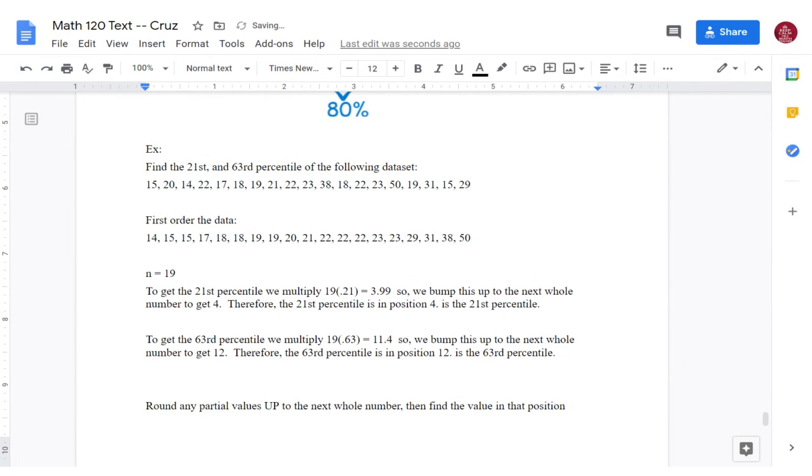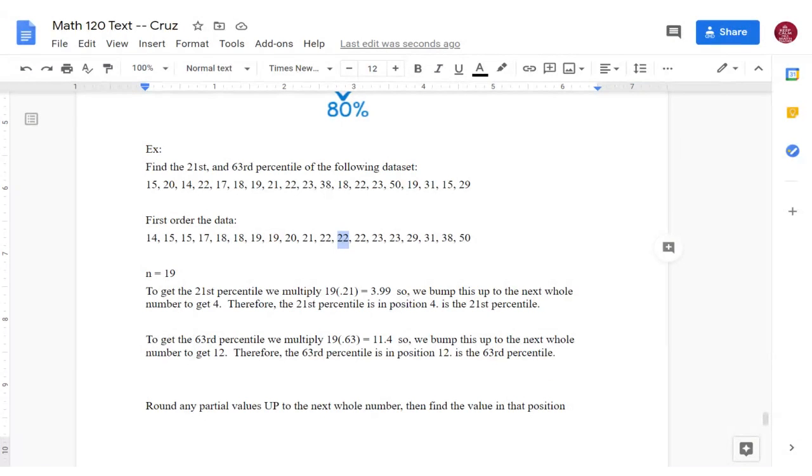All right, so now when we multiply the 19 times 0.63 for 63%, we get 11.4. So now it doesn't matter whether it's above 0.5 or below 0.5. We always bump it up to the next whole number. So what's in the 12th position? 1, 2, 3, 4, 5, 6, 7, 8, 9, 10, 11, 12.